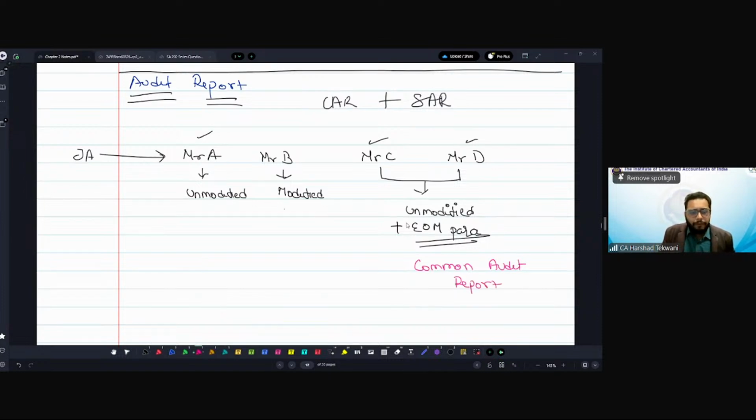B will issue a separate audit report and Mr. A will issue a separate audit report. But there should be a reference to the separate audit reports issued by other auditors, or a reference in the common audit report to the separate audit report. So referencing is necessary: separate audit report with reference.